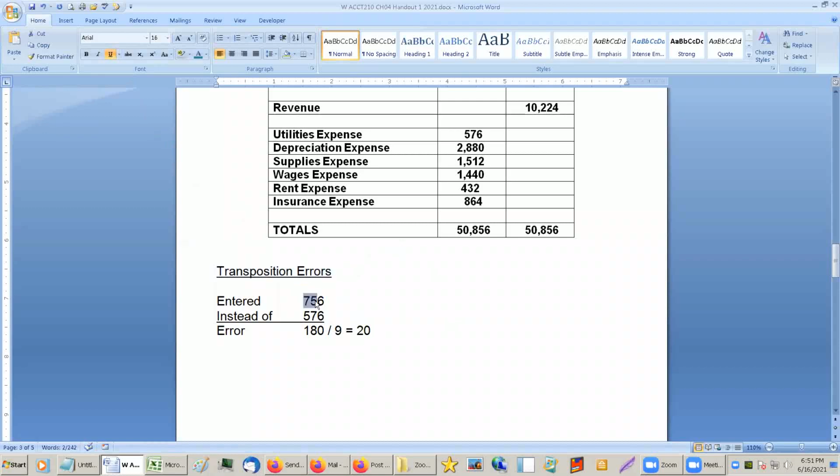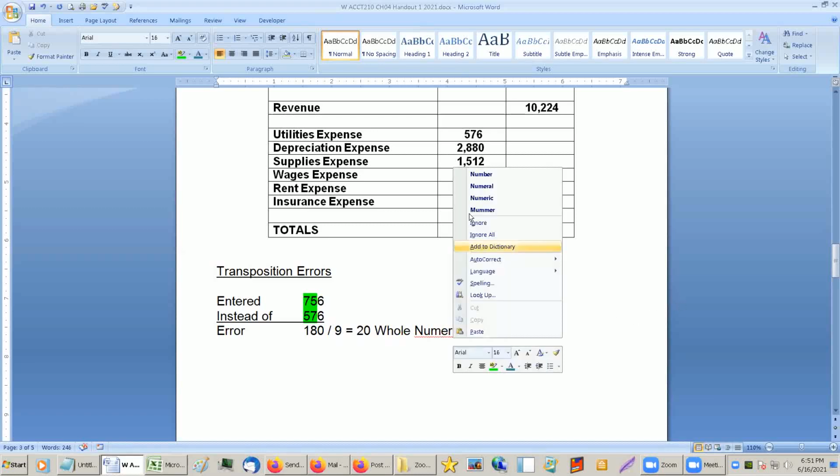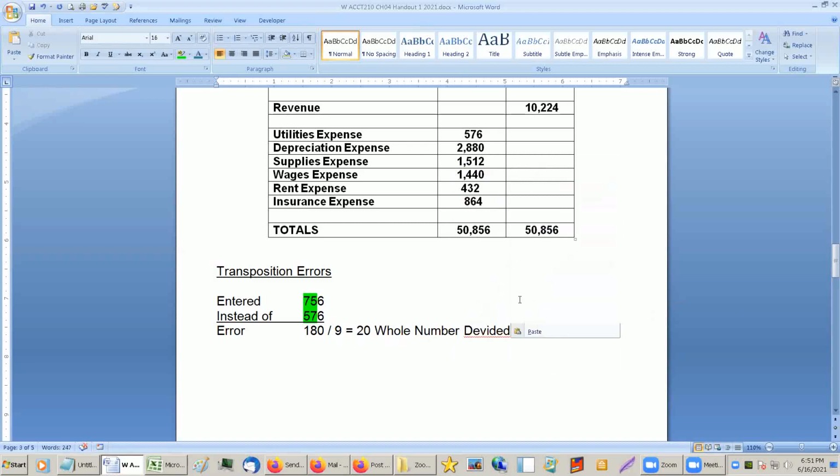Not 100%, but if you divide it by 9 and it comes out nice and clean, a whole number, it's most likely a transposition.